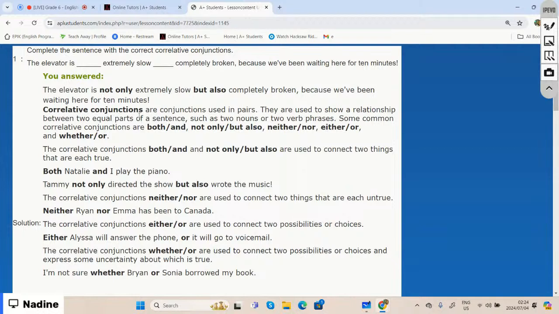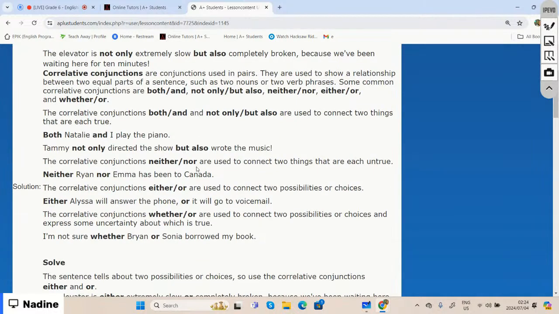And if we use the words not only but also, then it is used to connect two words or two things that are both each true. And correlative conjunctions, we said, are used in pairs, right?